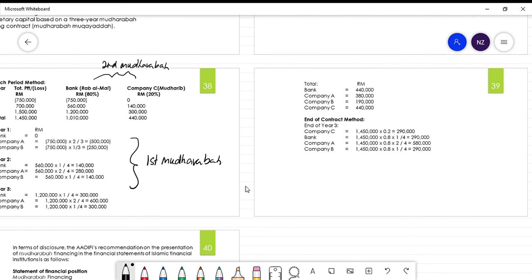So let's say tadi bank akan dapat untuk first mudharabah kan dia dapat total bank.